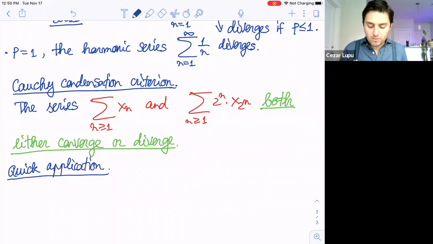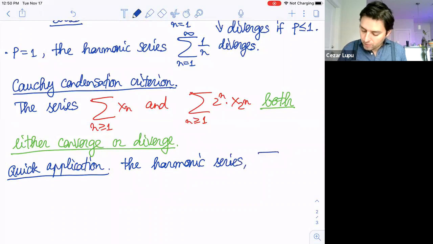The quick application I have in mind is the harmonic series, which is the sum from n greater or equal to 1 of 1 over n.